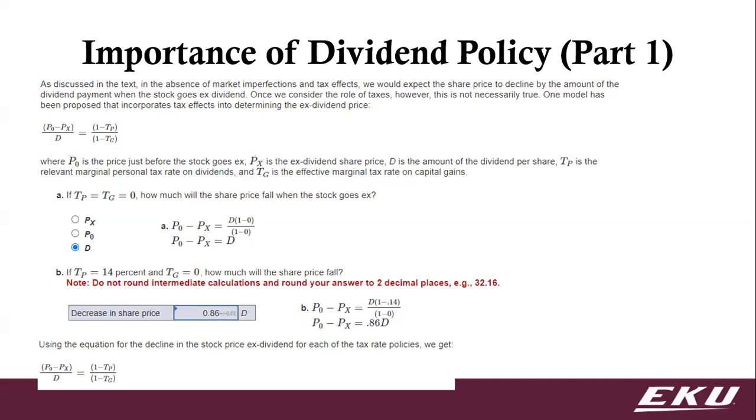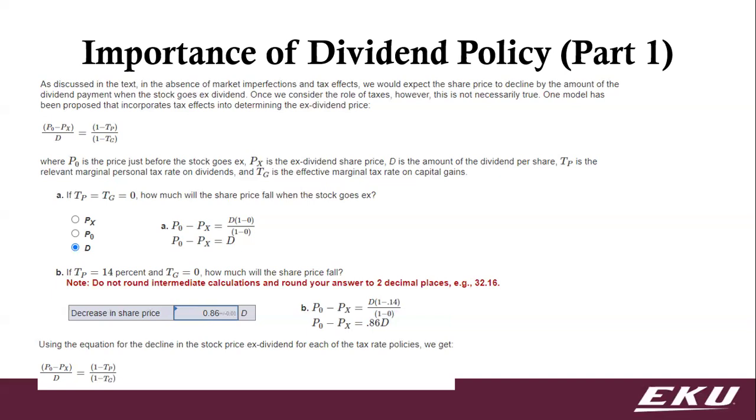And then on part B, if the personal income tax is 14% and there's no capital gains tax, how much will the share price fall, right? You just put in the appropriate 0.14 for T sub P in the numerator, and then 0 for T sub G in the denominator.